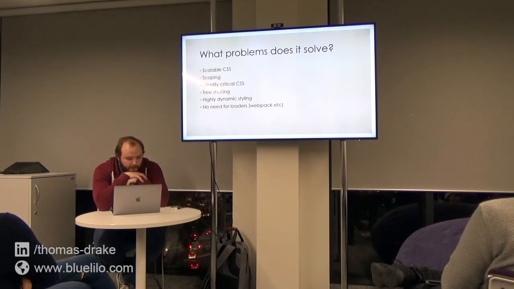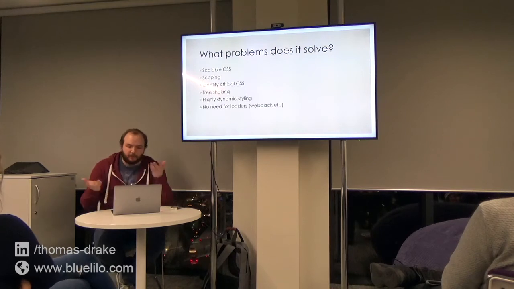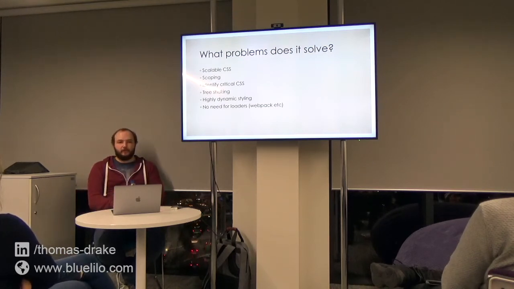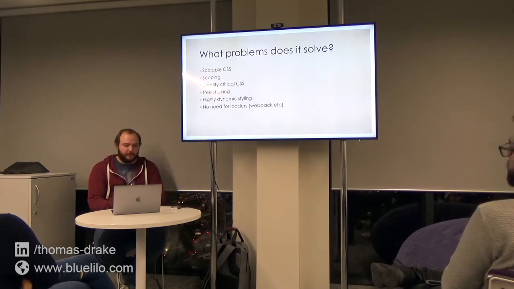And one of the things that's quite hard to do is dynamic styling. Because it's written in JavaScript, you can do what you want with it. You can do anything JavaScript can do with CSS, by using JS to enhance it. So, like I showed before, you can use props to drive things.